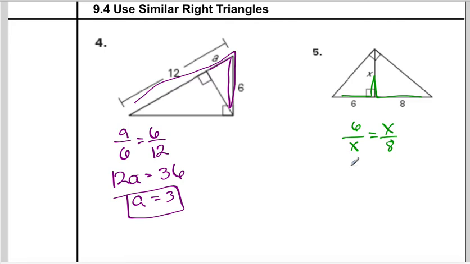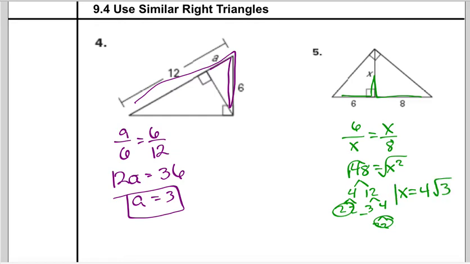Cross multiplying, we find that 48 equals x squared, and we're going to square root that. Then we're going to do simplest radical form, so that's like 4 and 12, 2 and 2, 3 and 4, 2 and 2. All right, we have 2 pairs of 2s, so that's 4 out front, lonely 3 inside. So x ends up being 4 root 3.